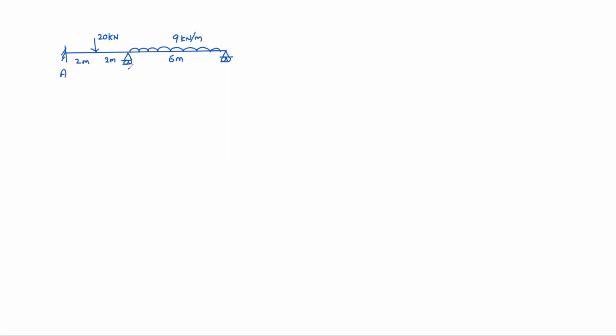Okay. MFAB how much? 20 into 4 by 8, minus 10. MFBA plus 10. MFBC how much? Minus 9 into 6 square by 12, that is minus 27. MFCB 27.